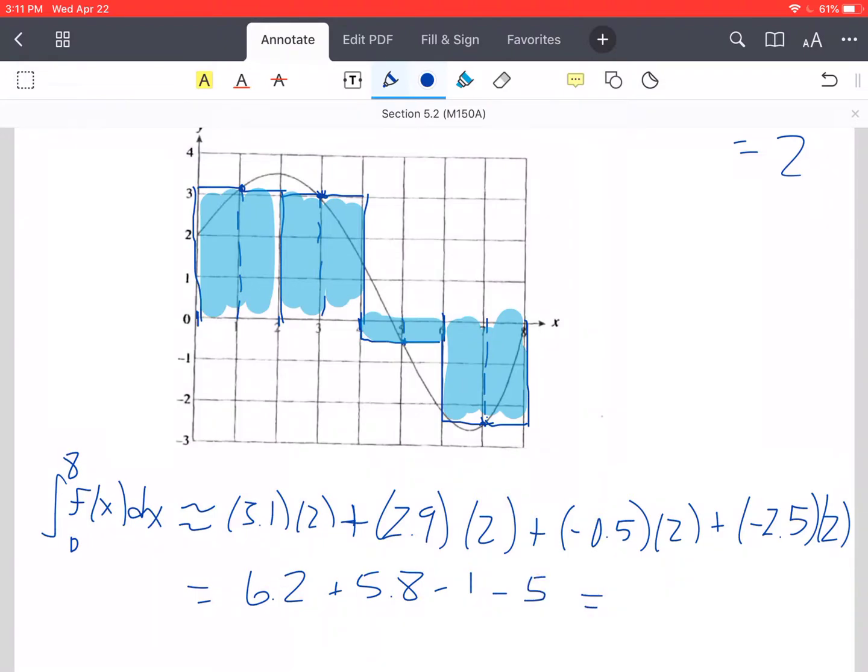So that gives us 11, 12 minus 6, which is 6 for our area, which is pretty close to what we got before at 5.8 versus 6. So it looks like we're in the same ballpark here with these values. Okay, and these are again just approximations.